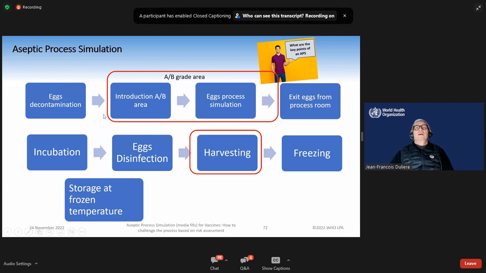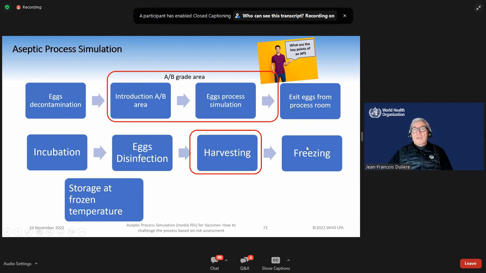For the process, we will start by decontaminating the eggs, then introduction into the grade A, B area. We will carry out a simulation of the egg process, maybe filling vials with media and moving from one biosafety cabinet to another one, exiting the eggs from the process room, carrying out a kind of incubation time, redoing egg disinfection, then moving into the grade A, B area and making the harvesting.